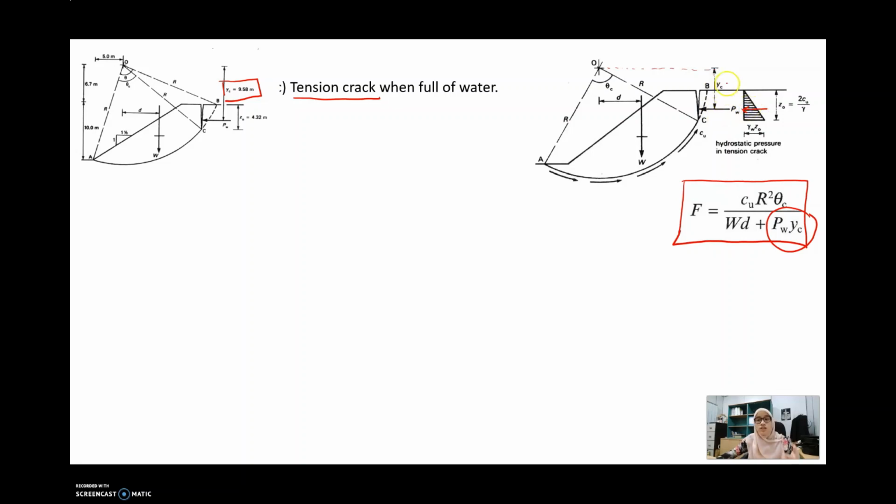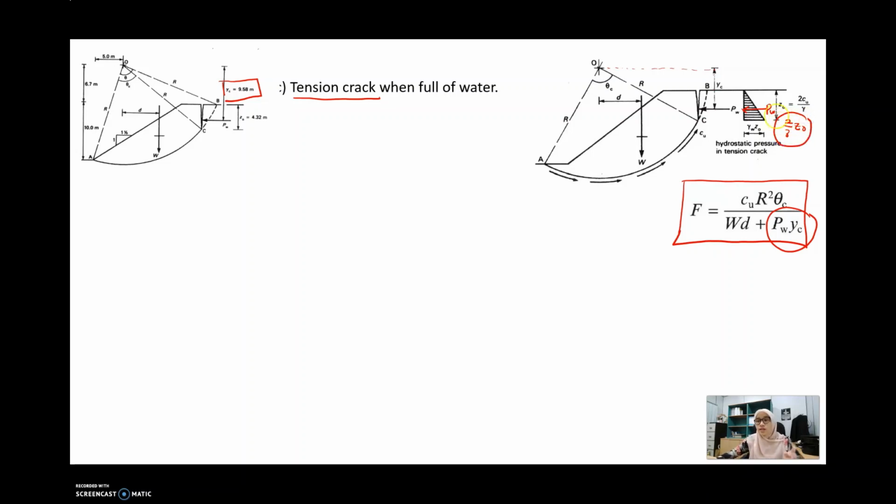If you are not given the value of YC, you can determine it from the top, where it will be 2/3 of Z0. It is the PW, 2/3 of Z0.